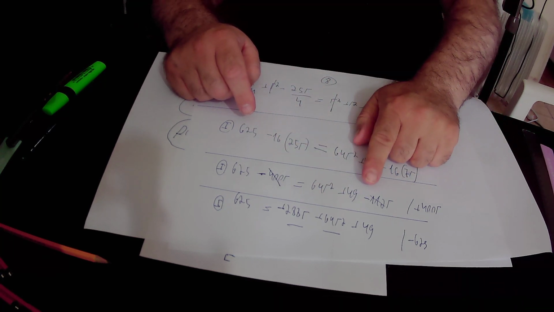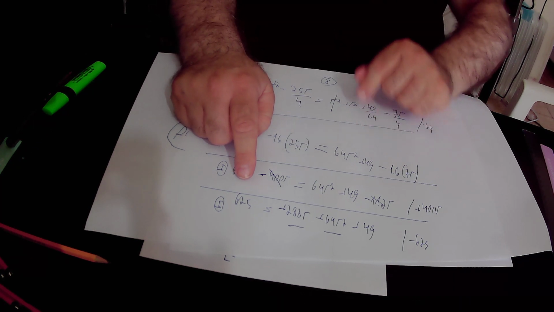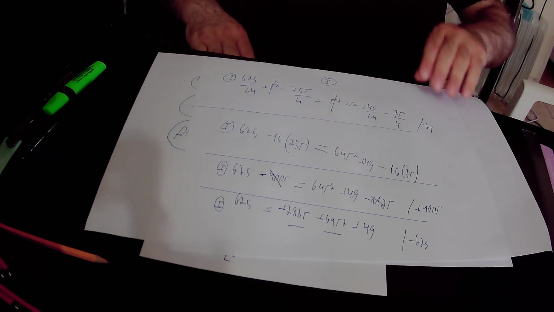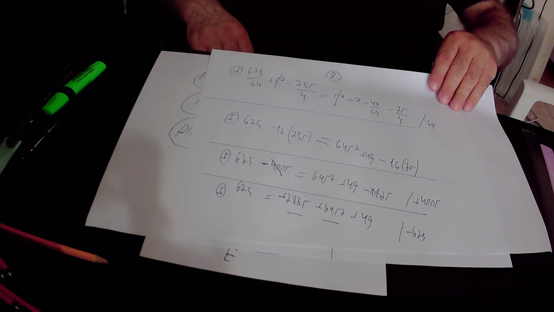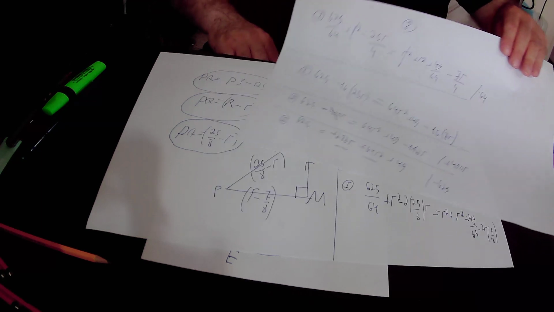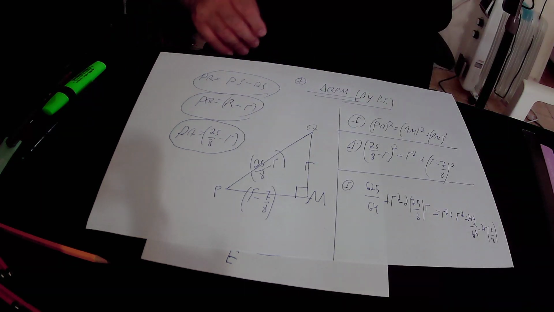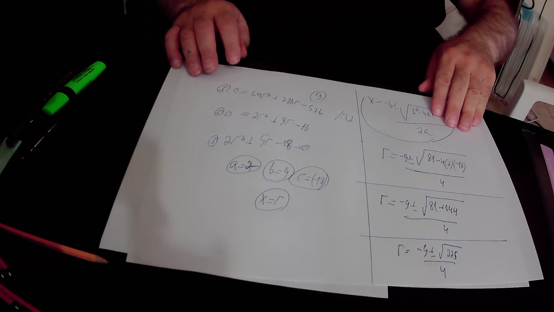We subtracted 625 from this equation, and 625 minus 625 is 0.